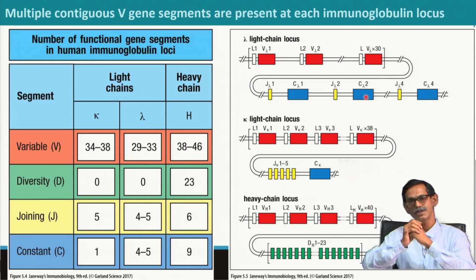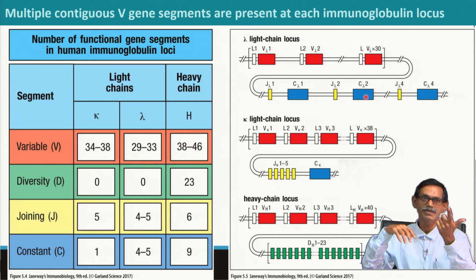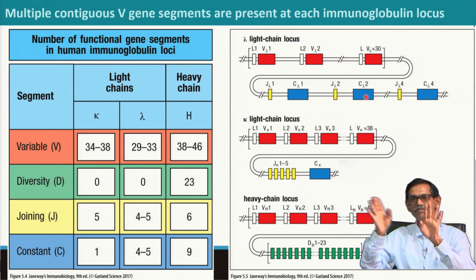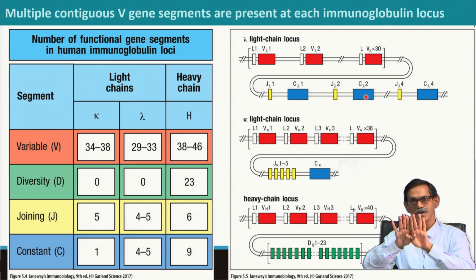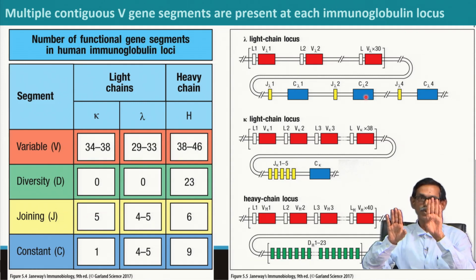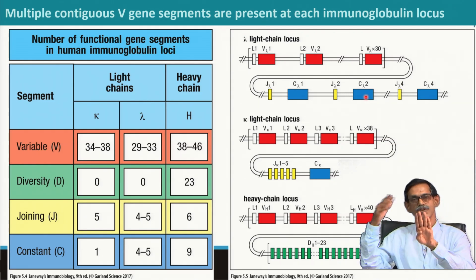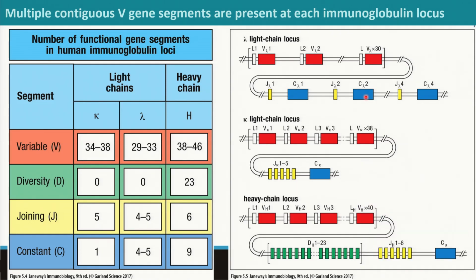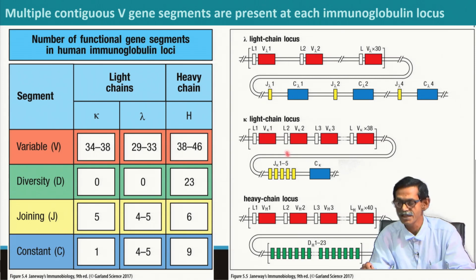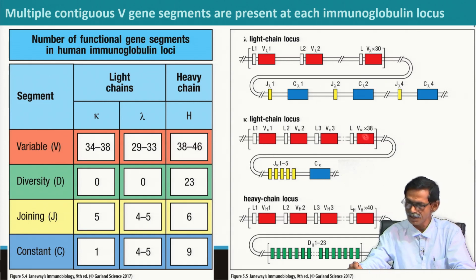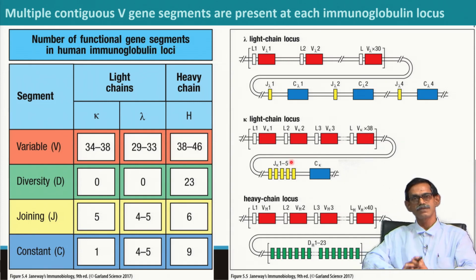If there is an opportunity or chance that any of the variable regions can join any of the joining regions and finally make the complete variable region of the light chain, because this is a segment of the variable region of light chain, so the variable segments of kappa are 30 and the joining regions are 5. If it is so, any one of these variable regions can join any one of these. I am talking about kappa, so there are 38 total and there are 5 total joining.